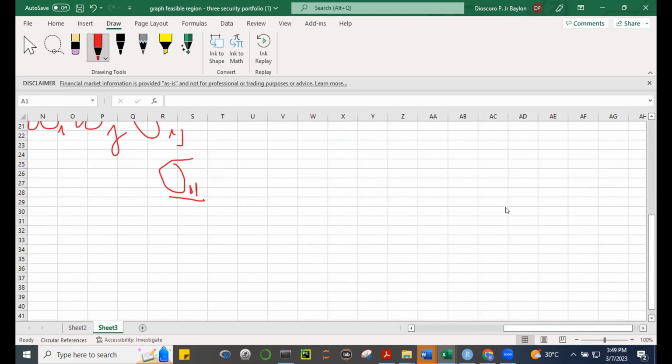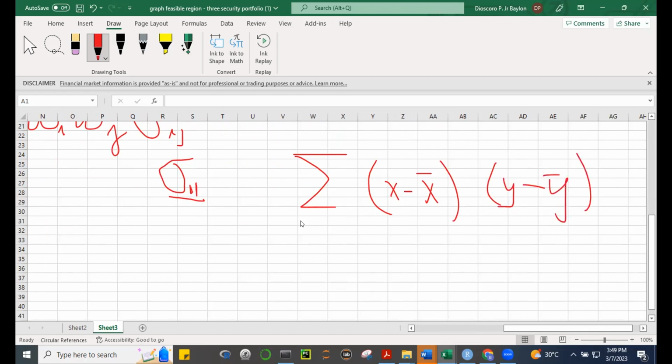The formula for covariance is the cross product summation of your asset X minus the average of the asset, and then you cross multiply it with your asset Y minus the average of asset Y. And then this is n minus 1 if it's sample, or n if it's population.